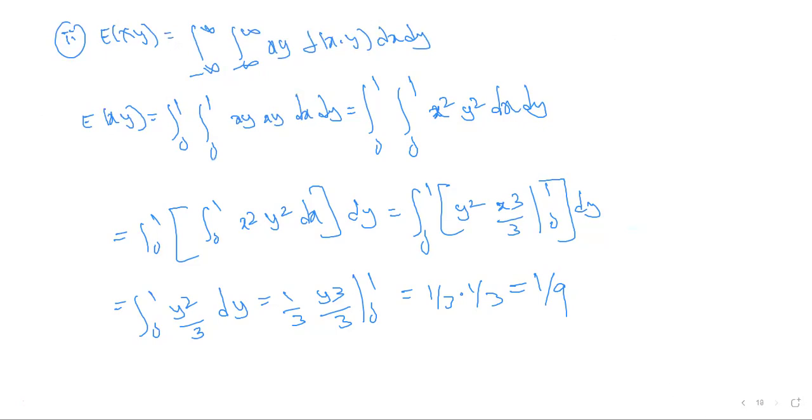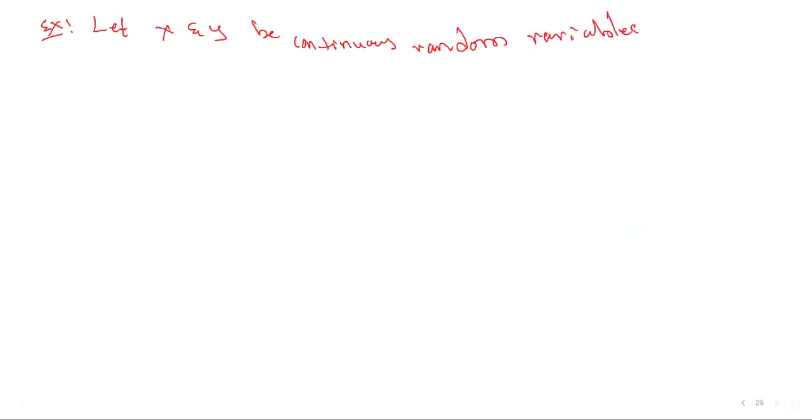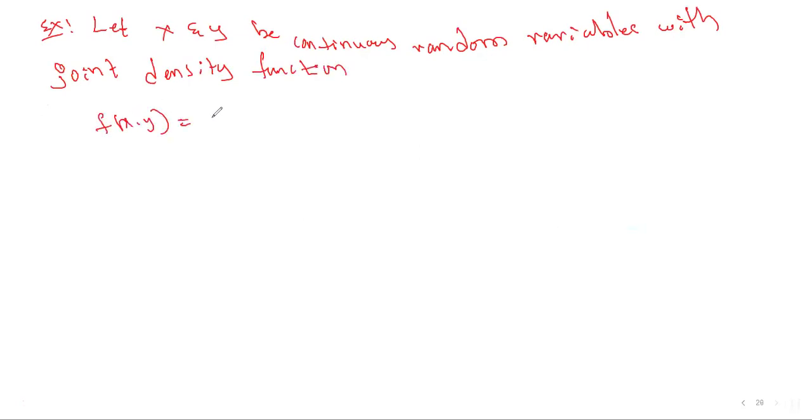Now we have one more example. Example, let x and y be continuous random variables with joint density function f of xy equal to 2.